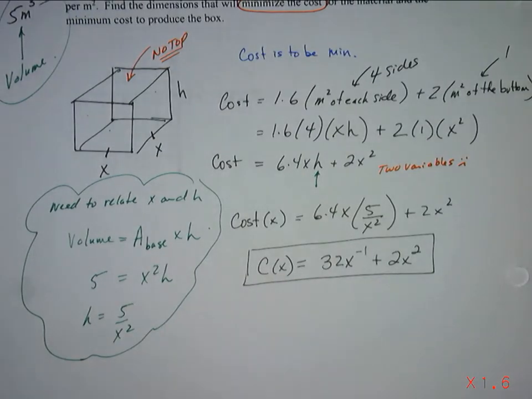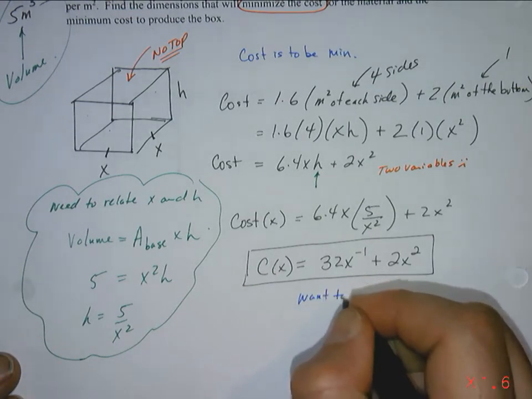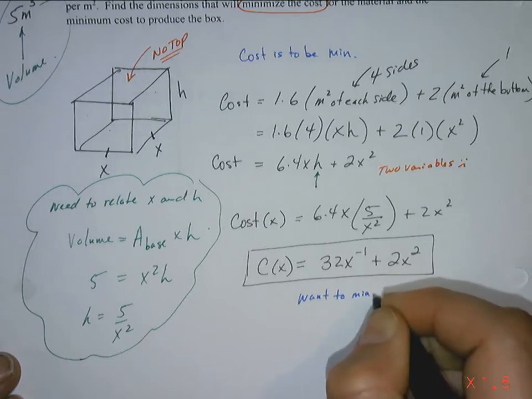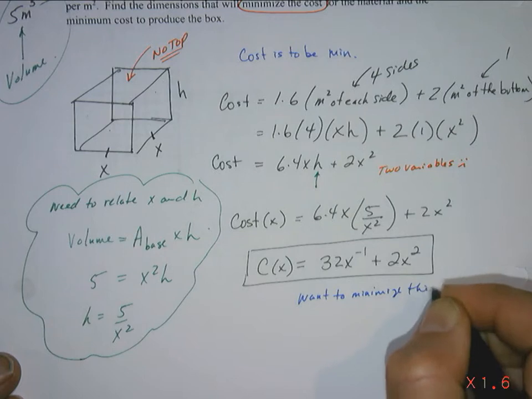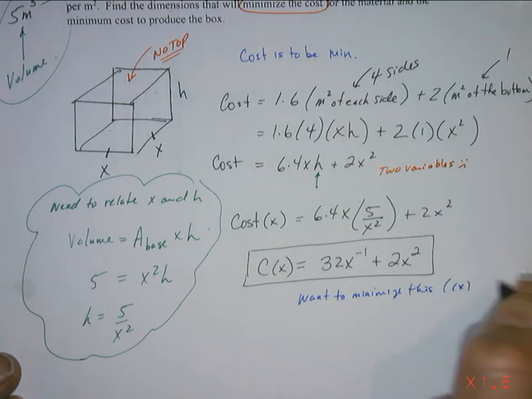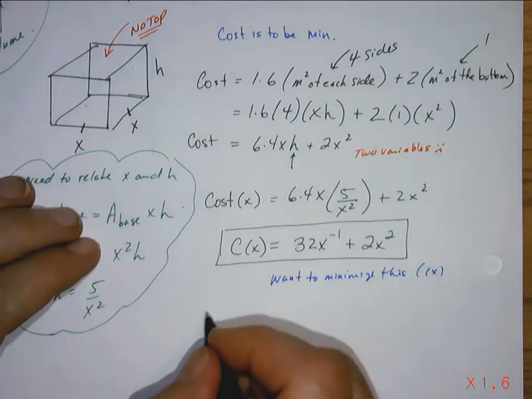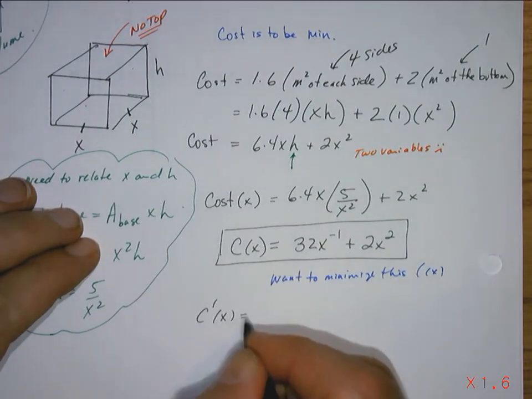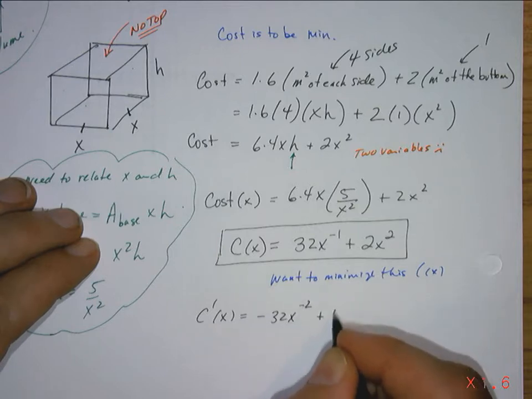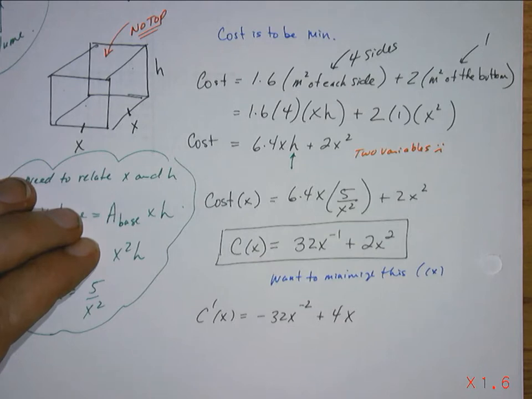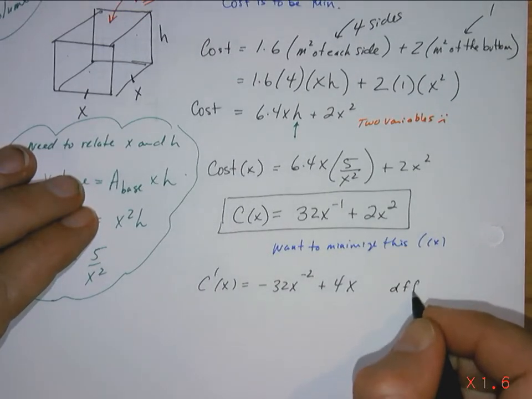But remember, we're after a minimum here. We want a minimum. Minimize this C of x. So we're going to take its derivative, and it's going to be negative 32x to the minus 2, plus 4x. Now that's my derivative-friendly form, which is great.